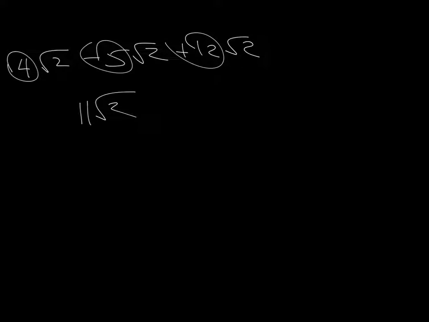Alright, the next example is 4 square root of 3 plus 3 square root of 5 minus 6 square root of 3. This one has a different radicand, so we don't touch that. We can't do anything with it.